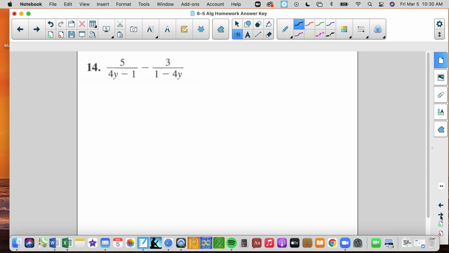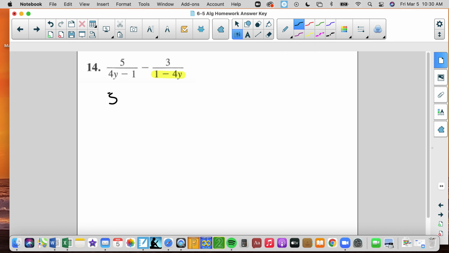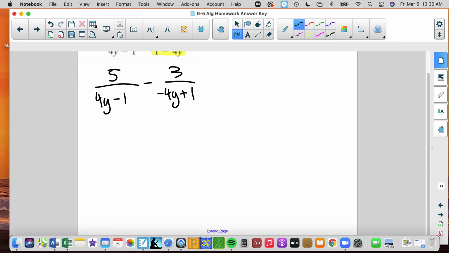Here again, we have a denominator that is not in standard form. So let's rewrite it. 5 over 4y minus 1 minus 3 over negative 4y plus 1. Those are not like terms. That's a horrible positive sign right there. They're not like denominators, and we have a first term negative, so let's factor it out.